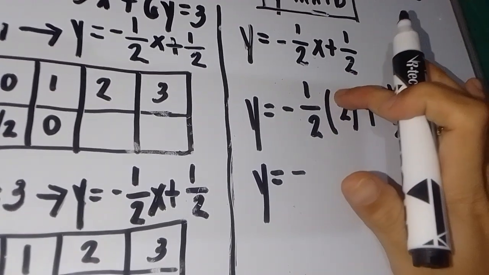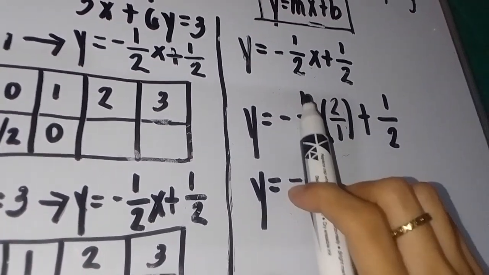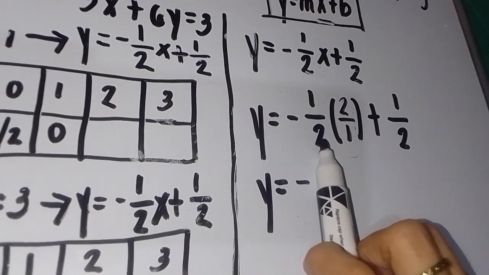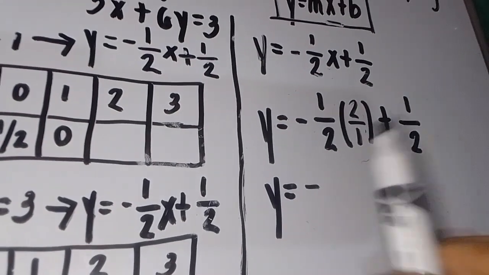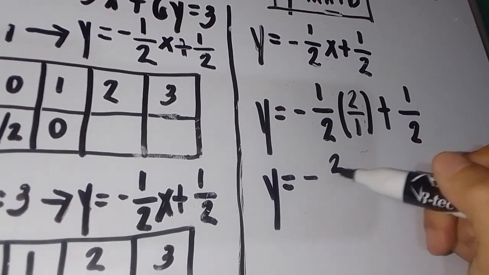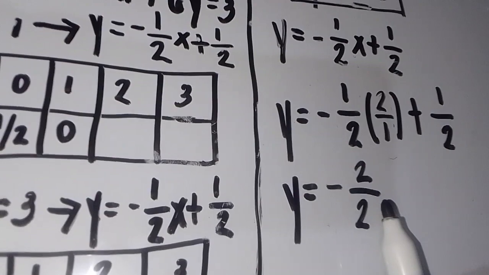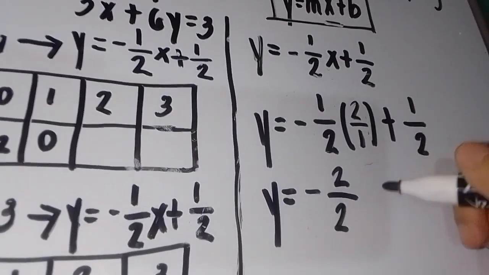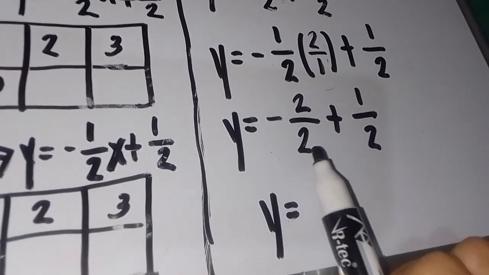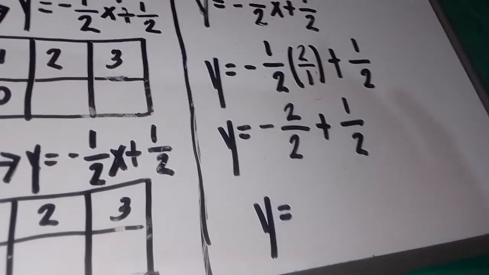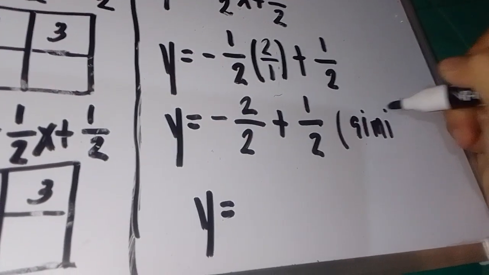This 2 is equal to 2/1, so we multiply the numerators and copy the denominator. Numerator: 1 times 2 is 2. For the denominator, copy 2, because even if you multiply by 1, the answer is still 2. Next, attach the second term plus 1/2. Next we combine. Our two fractions both have 2 as the denominator, meaning they are similar fractions again.